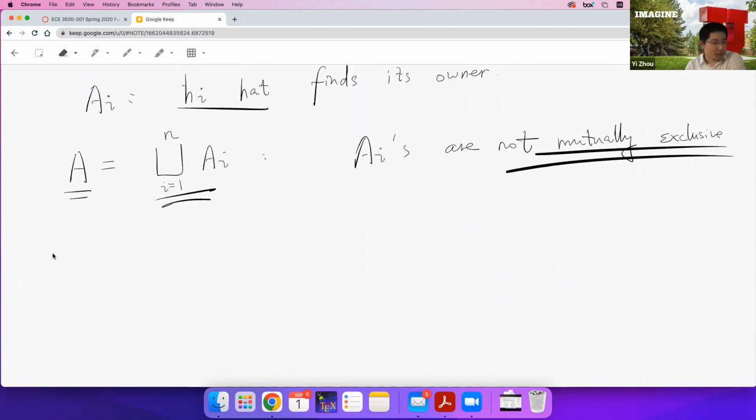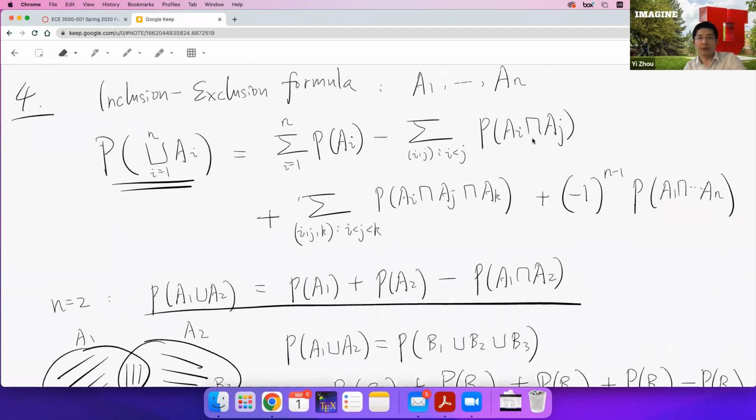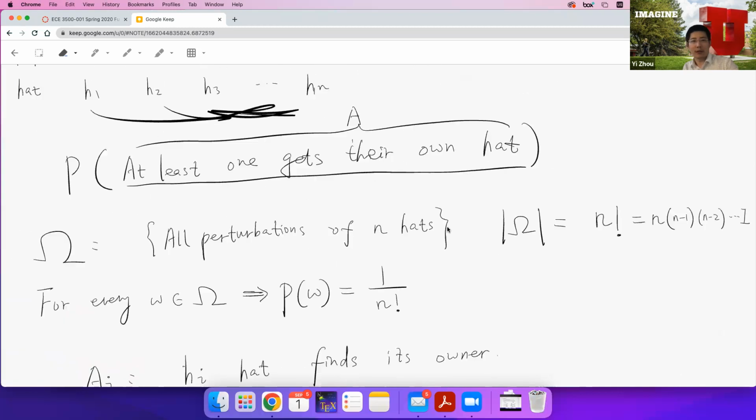You realize that to calculate these terms, you need to calculate P(A_i) for every i, the probability of every two-event intersection, and the probability of the intersection of three events, and keep going up to the intersection of all n events. But when you do the calculation, you realize that these intersection events are relatively easy to calculate. So let's quickly do it here.